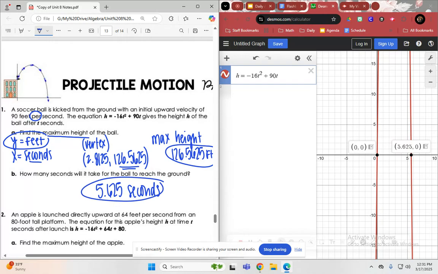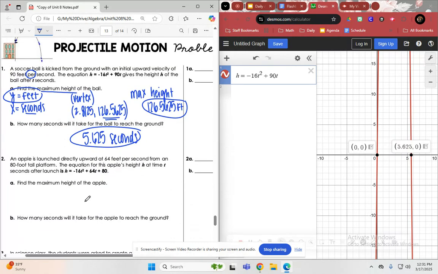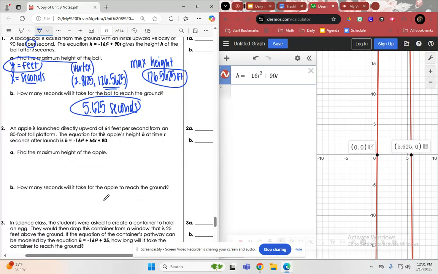Okay? So let's look at the next one. An apple is launched directly upward at 64 feet per second. So again, feet per second. Our y is our feet. Our x is our seconds.